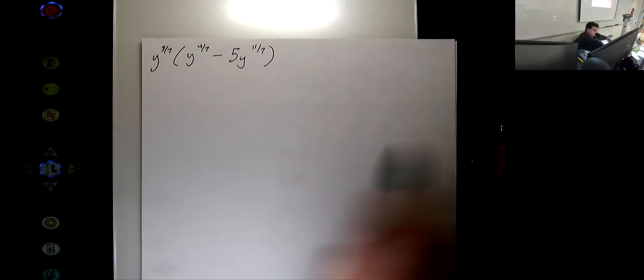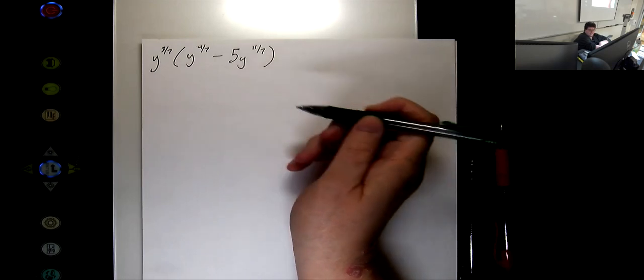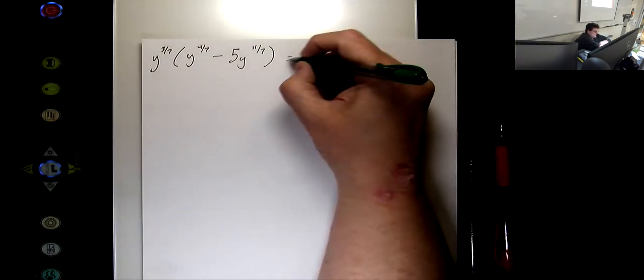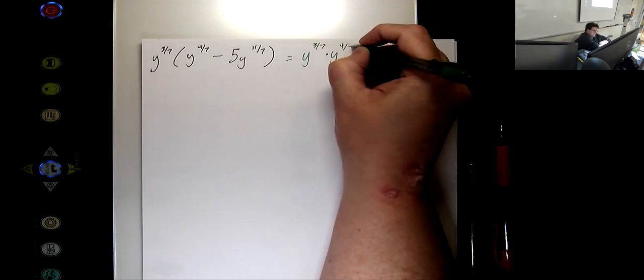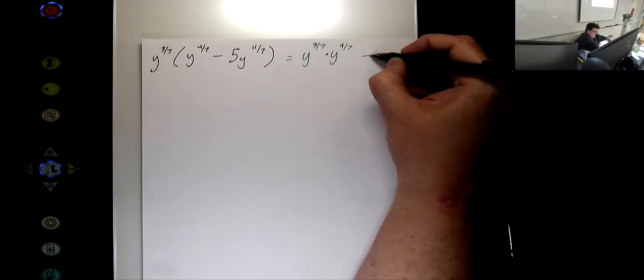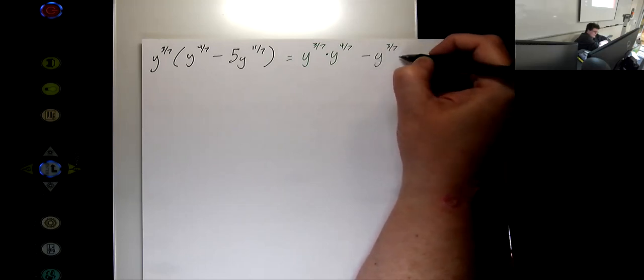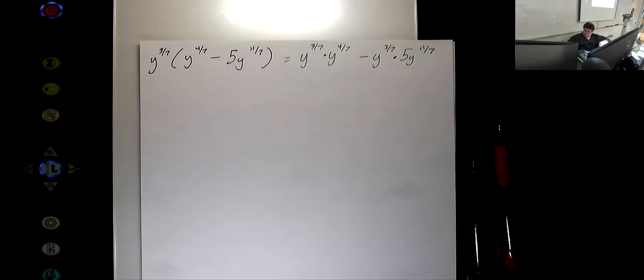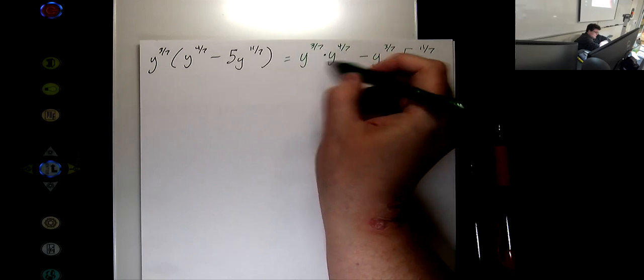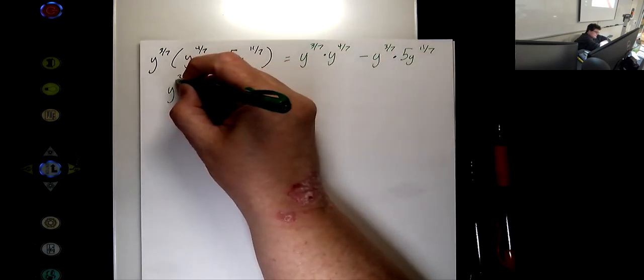So hopefully you remember when we have stuff outside of parentheses and there's a plus or minus, we distribute. This becomes y to the 3/7 times y to the 4/7 minus y to the 3/7 times 5y to the 11/7. And now with these multiplied together, we can add exponents.